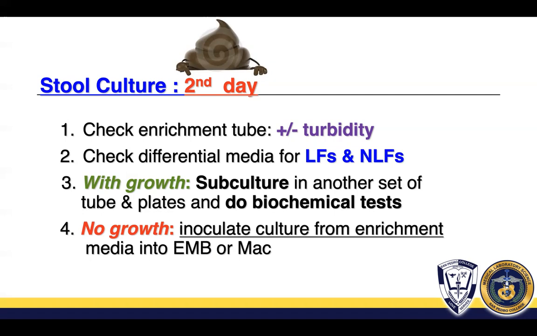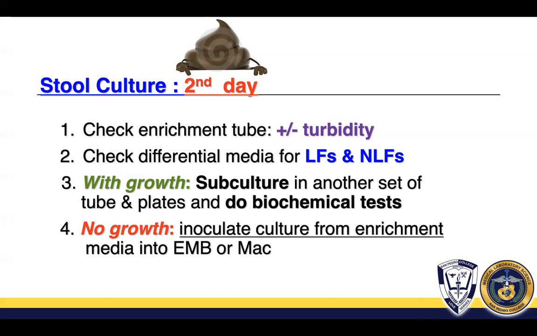Okay, now check your differential media and your other culture media as well. Check if there are colonies and note whether they have pigment or not. If you have pink or purple colored colonies, those are lactose fermenters. So lactose fermenting organisms are able to produce pink or purple colored colonies on either EMB or MAC.